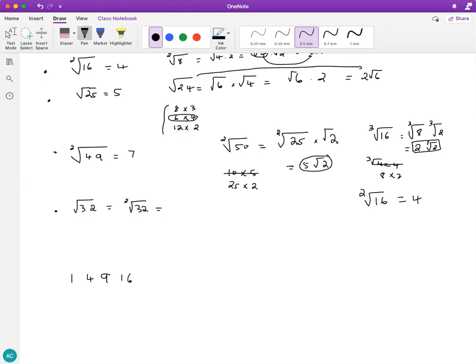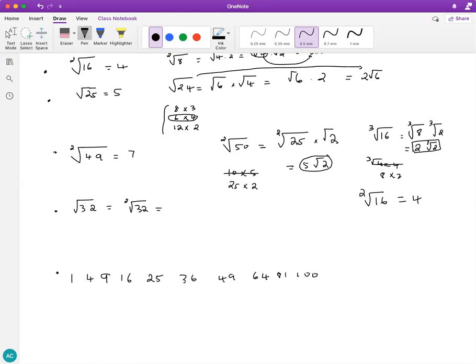Then we have 16, 25, 36, 49, 64, 81, and 100. All these numbers have perfect roots.